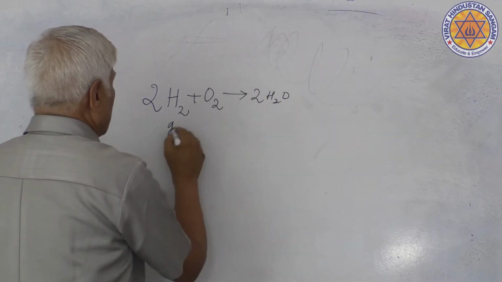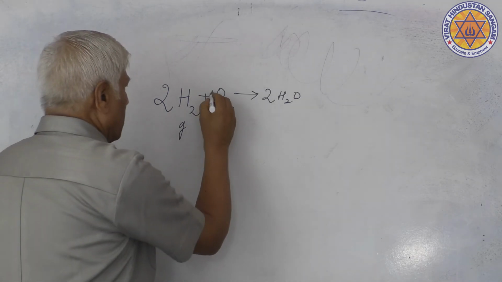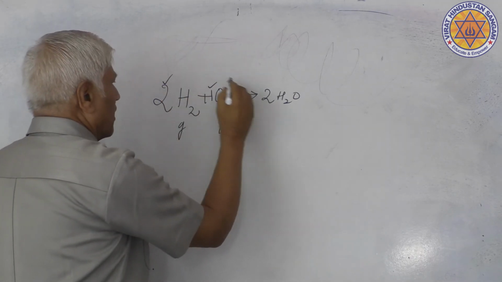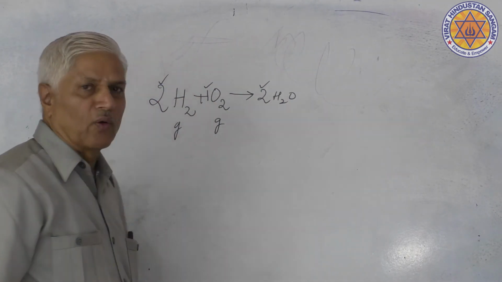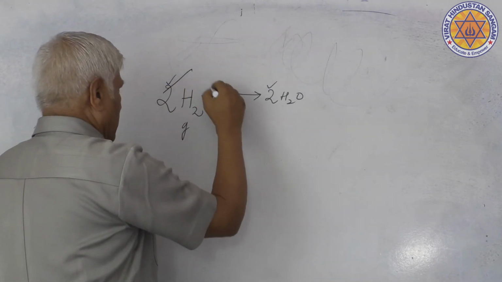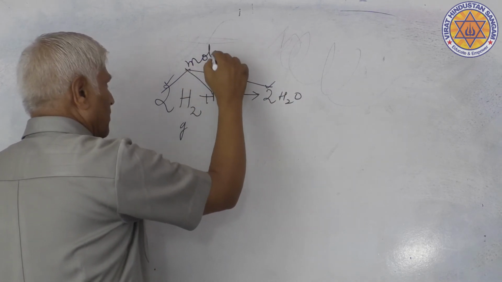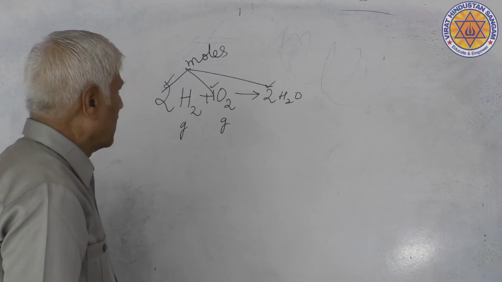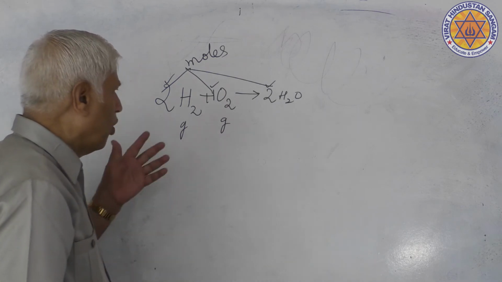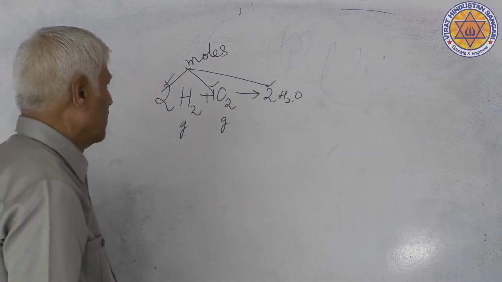Both hydrogen and oxygen are gases. These numbers that we have used are called stoichiometric coefficients. In all balanced equation, they indicate moles. 2 moles of hydrogen, 1 mole of oxygen, 2 moles of water.